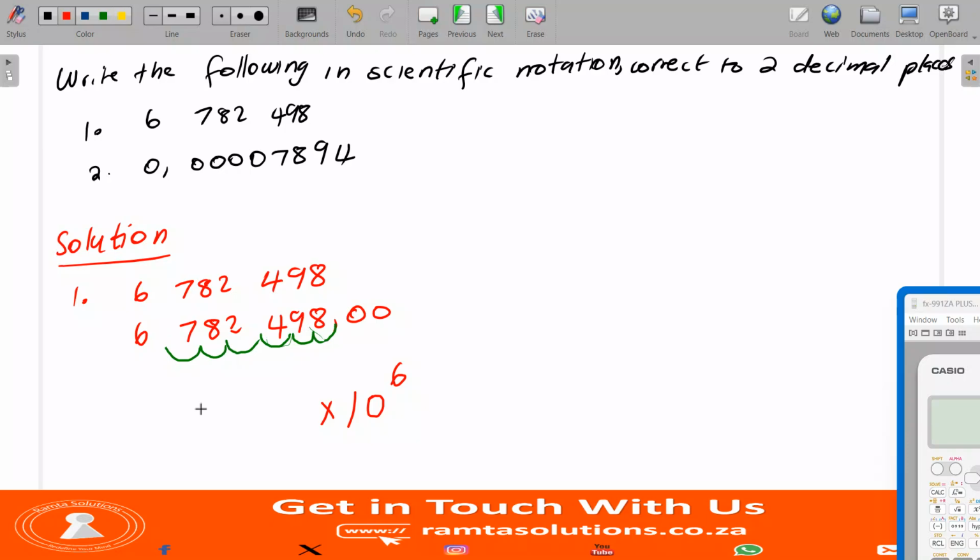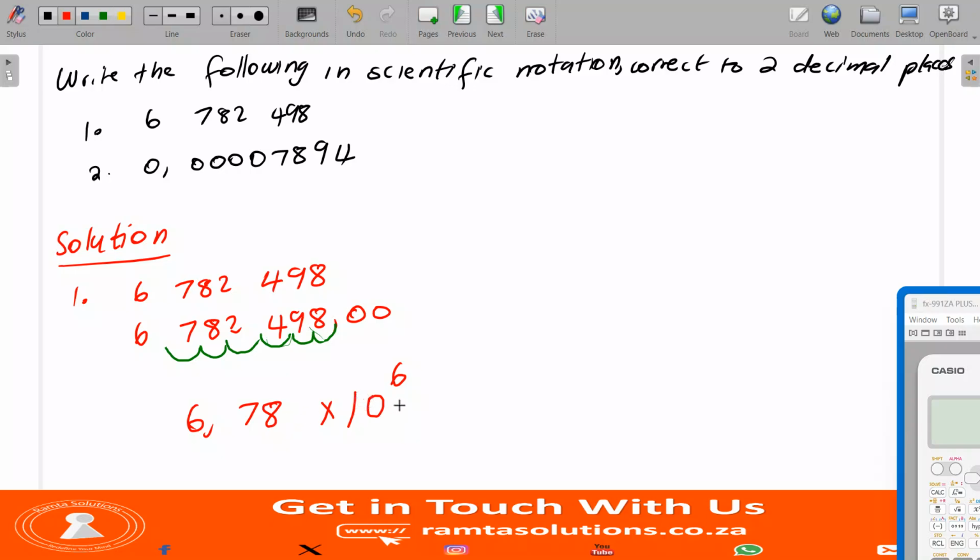So this becomes 6 comma, hold on. These are the 2 decimal places that we are looking at. The third one was 2, so the second will remain unchanged. So this becomes 6,78 times 10 to the 6.